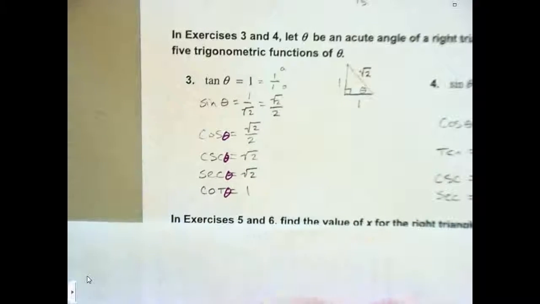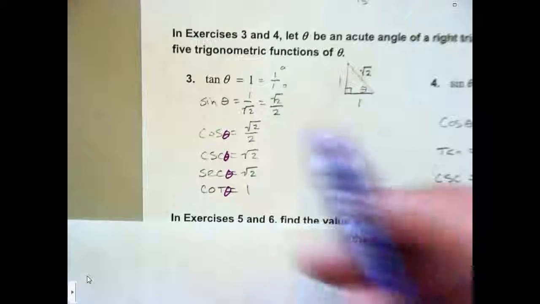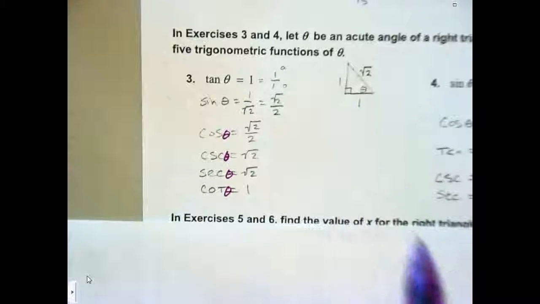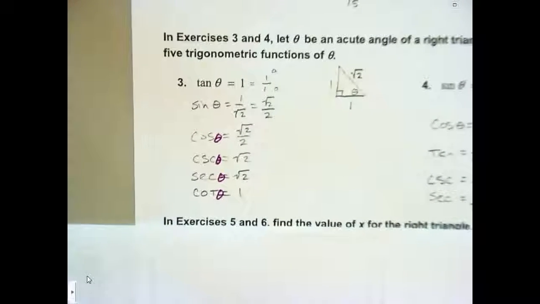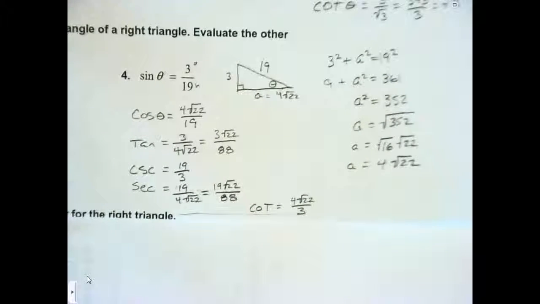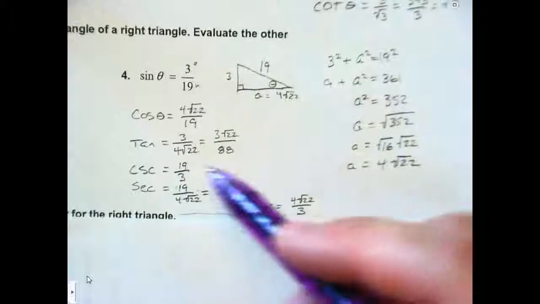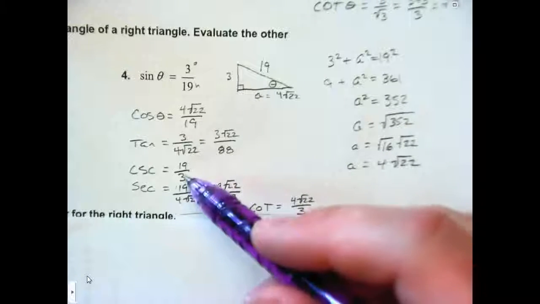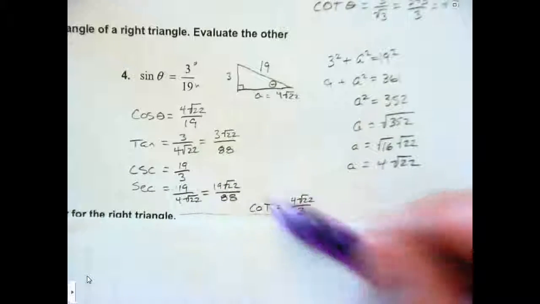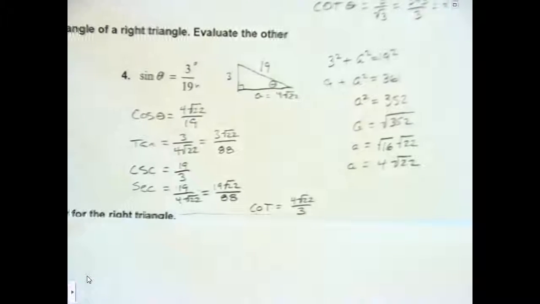You could have put 45 also if you wanted, because technically it's a 45-degree triangle. This one right here, number 4. There's the work, by the way, for the a squared plus b squared equals c squared. And there we've got it. Cosine 4 root 22 over 19. Tangent 3 root 22 over 88. Cosecant 19/3. Secant 19 root 22 over 88. Cotangent 4 root 22 over 3.